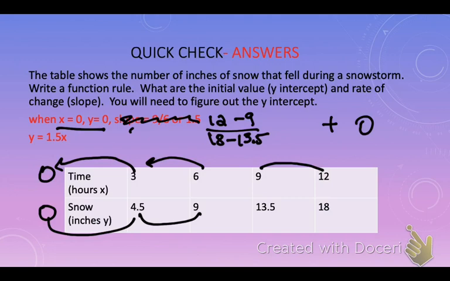Okay, so what do we get? That's going to be 3 over 4.5. Oh, that's kind of a wonky number. But if I get rid of the decimal and multiply, I get 30 over 45.